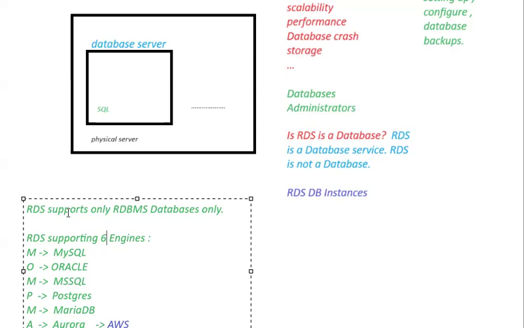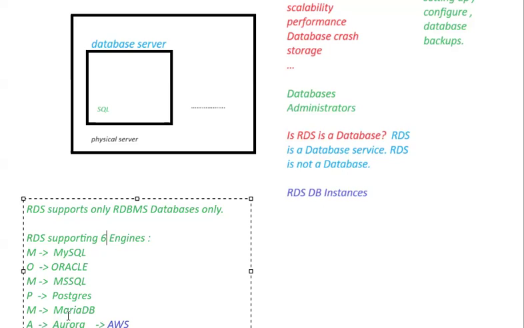If anybody asks in an interview or certification which is the AWS relational database engine provided by AWS, that is Aurora. Aurora is the database engine provided by AWS in relational database services.